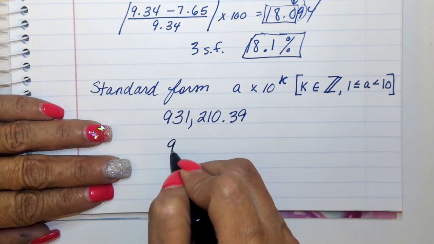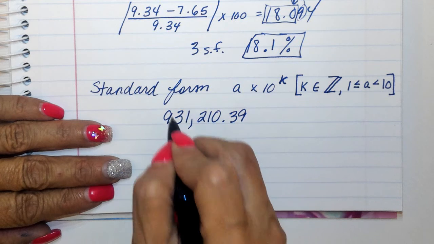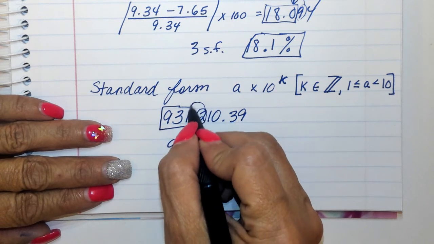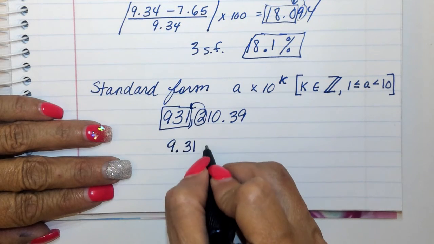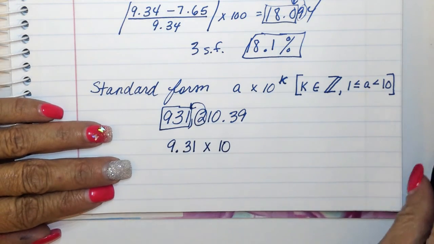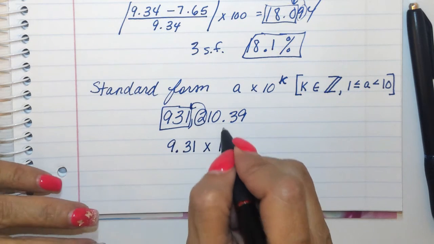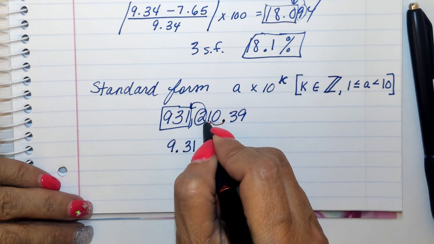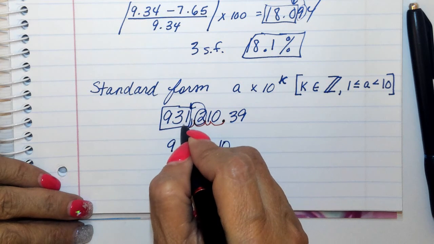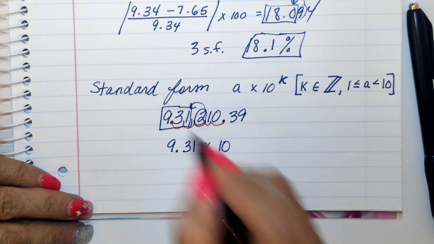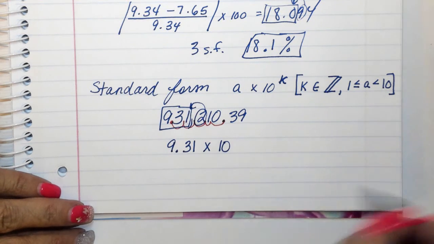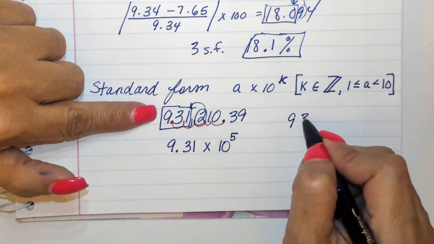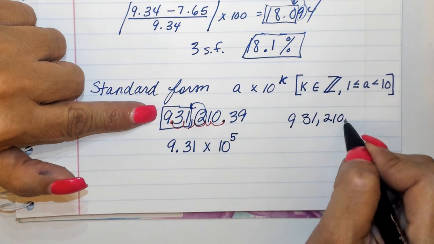Okay. 9.3, I need to focus on 3 sig figs. The 2 will not change the 1, so I'm going to leave it as 1. Times 10, okay, what did I do here? I take my decimal and I move it over 1, 2, 3, 4, 5 places. So that means this was my answer, 931,210.39.